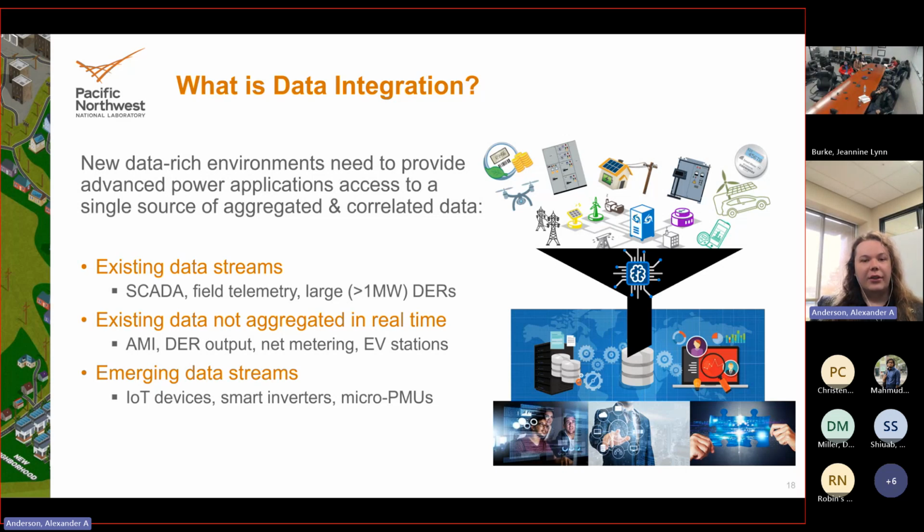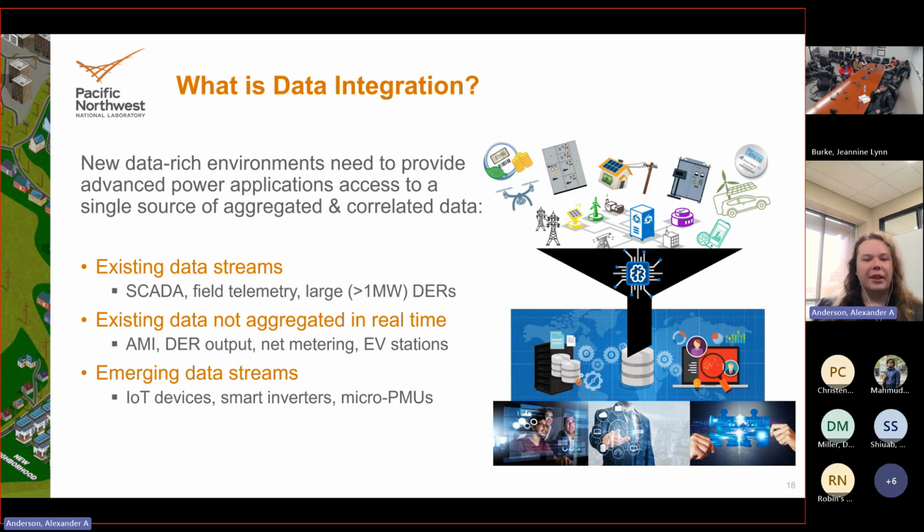Existing data that the utility is bringing back, but is not aggregating in real time across almost every single distribution utility. They're bringing back AMI smart meter data every 15 minutes, every hour, but they don't aggregate it until the next business day. So we have perfect visibility of what happened yesterday, but we don't know what's happening right now.